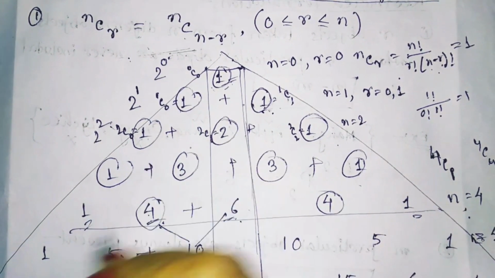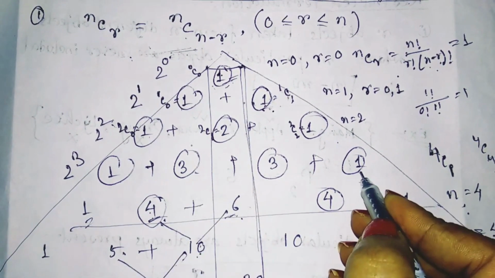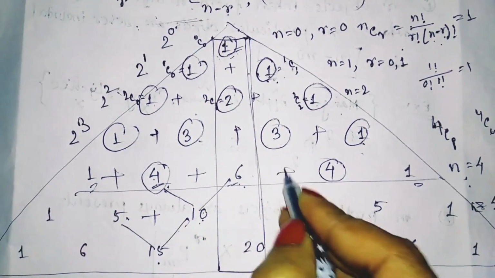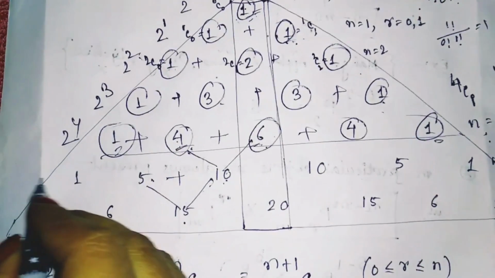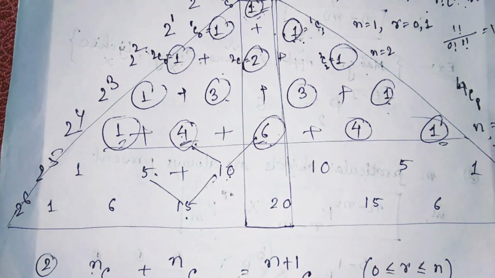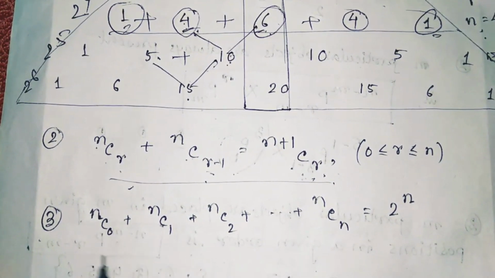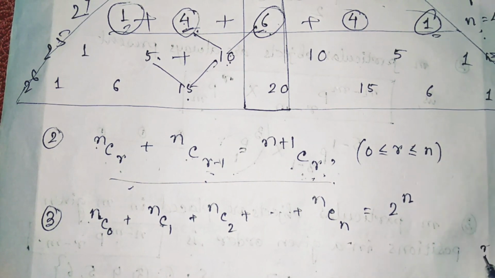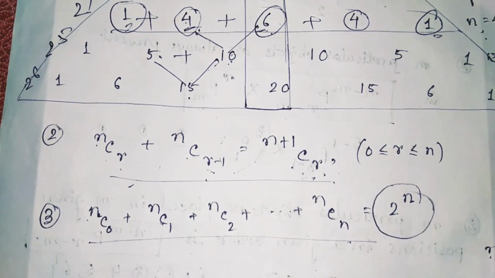If we add all these, we find it is 2 to the power 3, that is 8. Next, if we add all these values, we find 2 to the power 4. Similarly, this one is 2 to the power 5, this is 2 to the power 6 and so on. That's why for any of these coefficients or combinations for n, where n is the total number of choices, if we add all these, we will always find 2 to the power n.